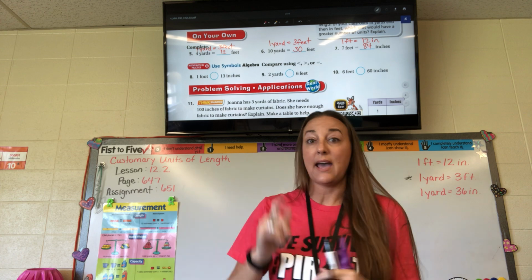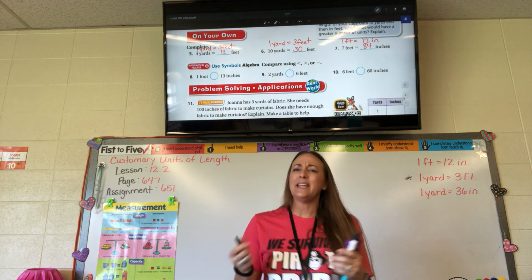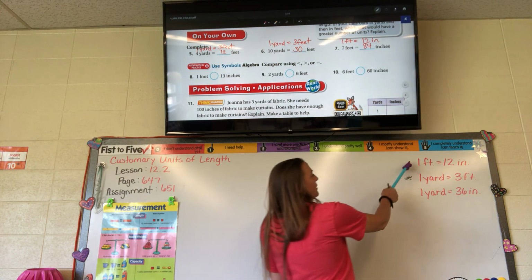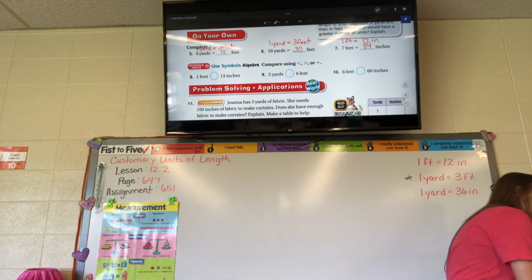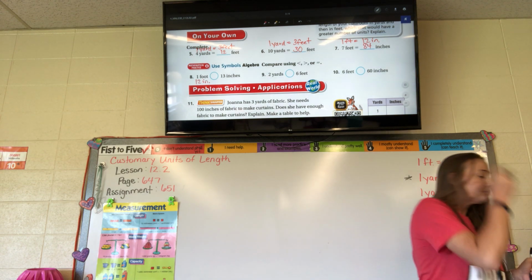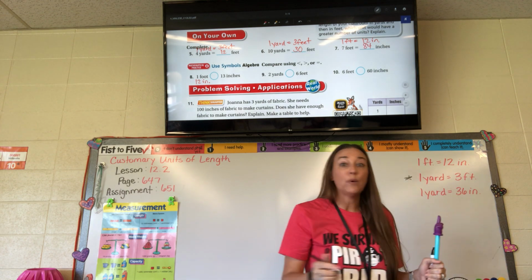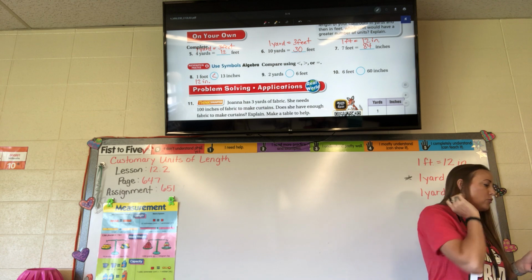So here we go. If we have 1 foot, how many inches is that? Well, in 1 foot, there's 12 inches. So right below 1 foot, I'm going to write 12 inches. Now, I can easily see that 12 is less than 13. So now we've got them in the same form.